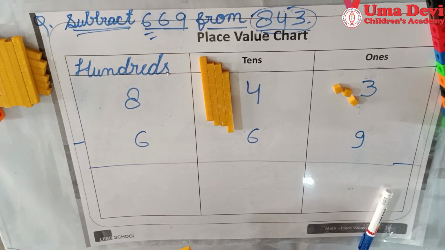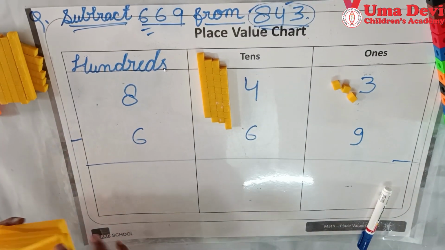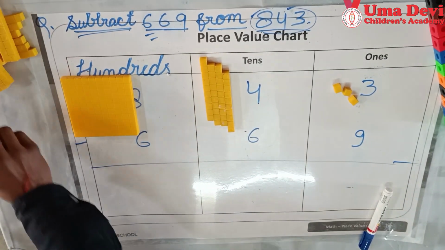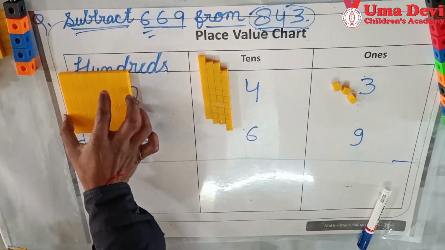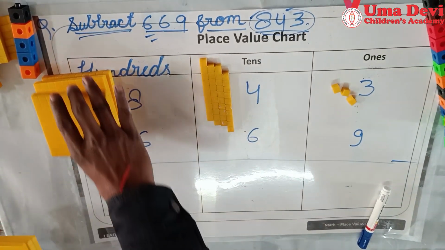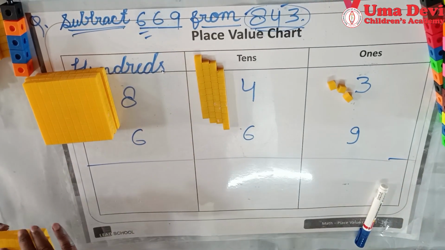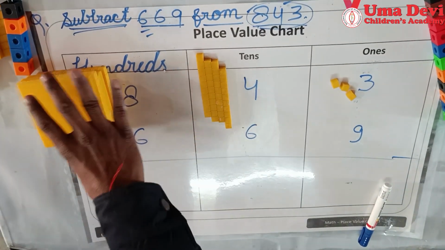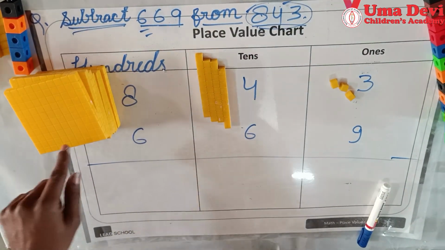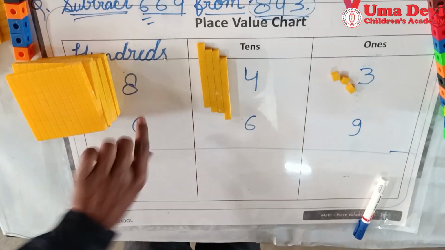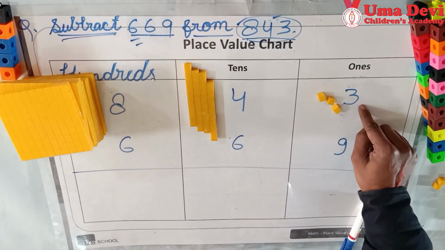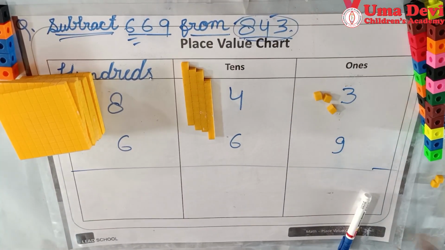We will put 800 blocks here: 1, 2, 3, 4, 5, 6, 7 and 8. Right? Means 8 hundreds, 4 tens, and 3 ones.